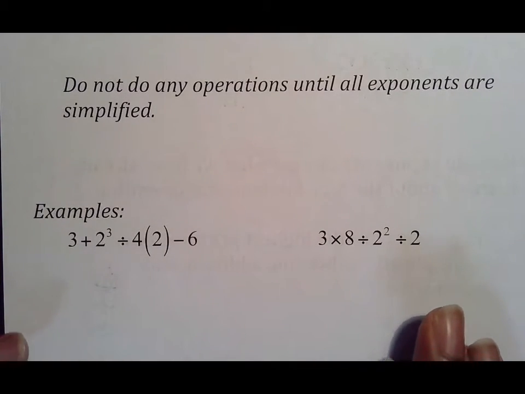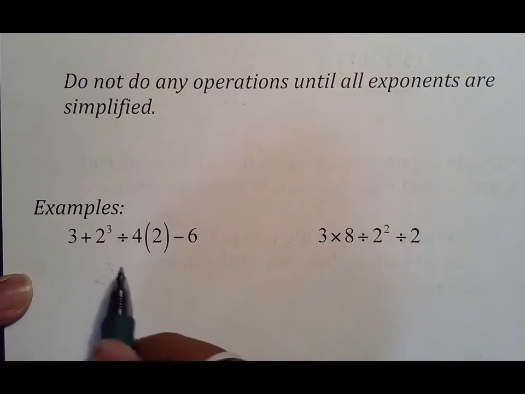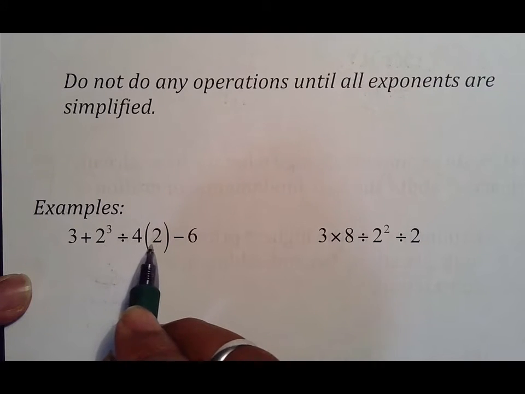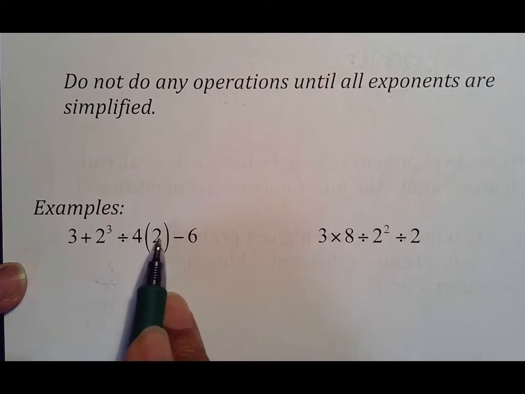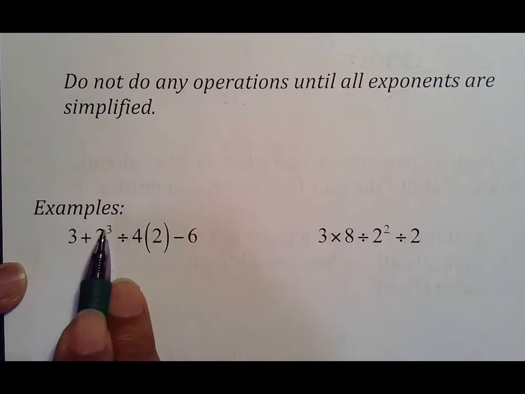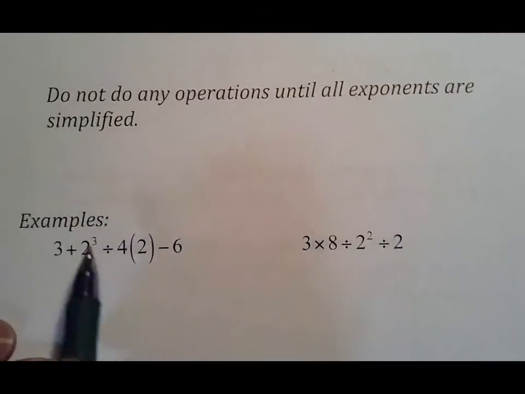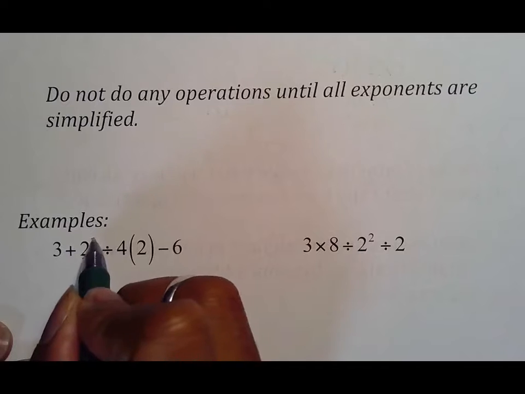So looking at this, 3 plus 2 to the third divided by 4 times 2 minus 6. Again, student, teacher, teacher, student, does not matter. This is what you should see. And because you see that, that means that we can't do anything else until we deal with this part.